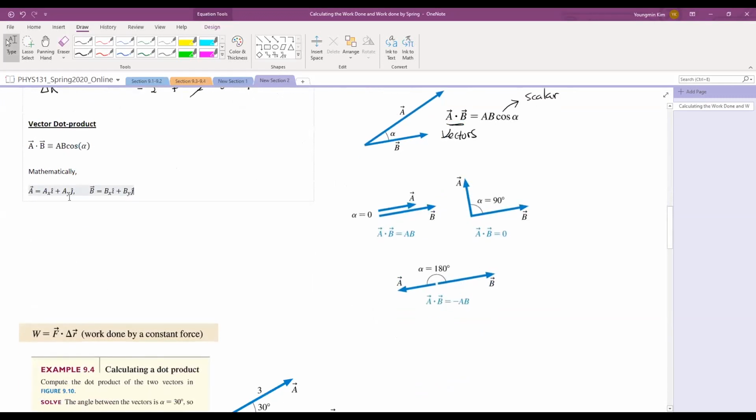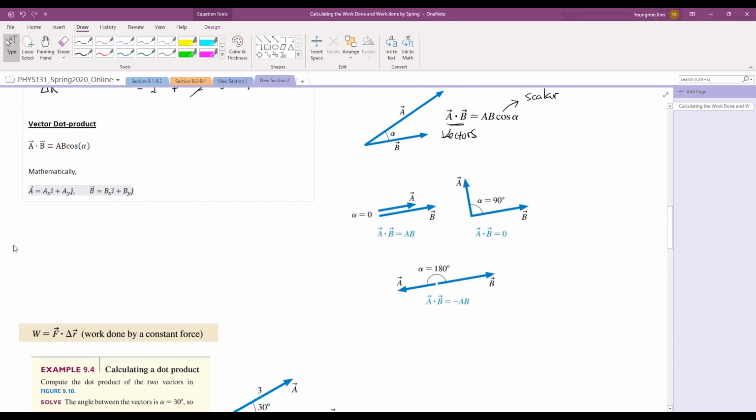Okay, so let's take a look at the components. We could always express a vector in components as such. So vector A has x and y components, because we are going to assume just two dimensions. If it's three-dimensional, it will have a z and k hat as well. But let's just consider the two-dimensional case here. Vector A can be written as a_x i plus a_y j, where a_x and a_y are the scalar components.